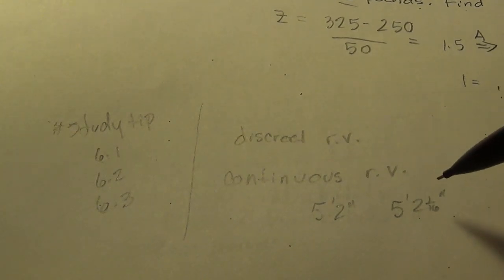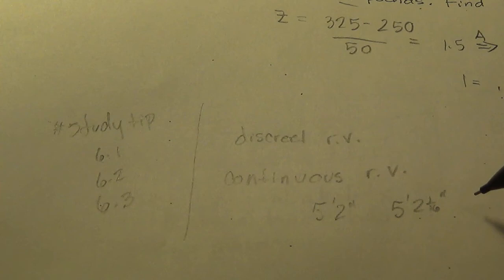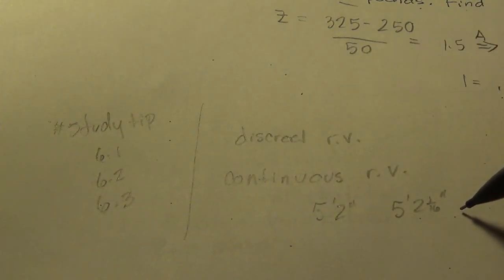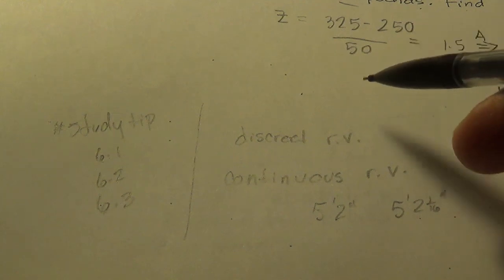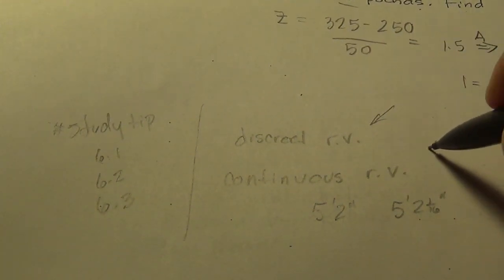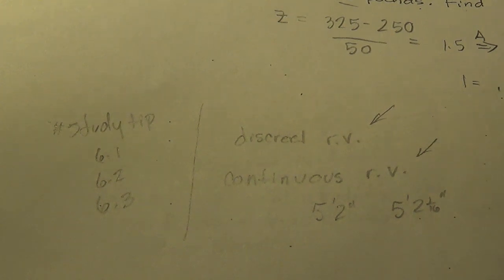So therefore, all the results fall within an interval, and it has an infinite number of possibilities. So be able to recognize the difference between a discrete and a continuous random variable.